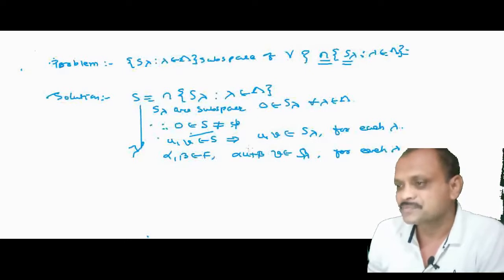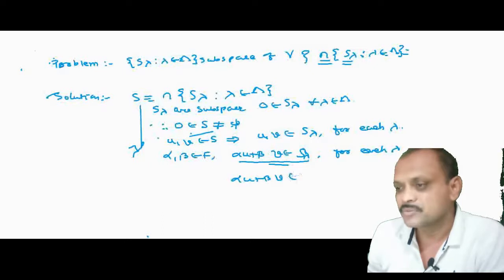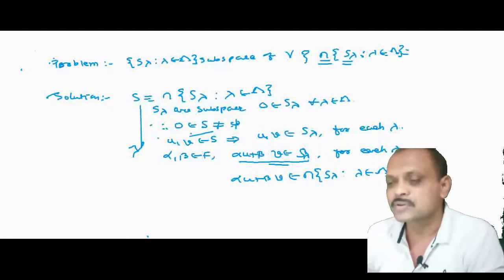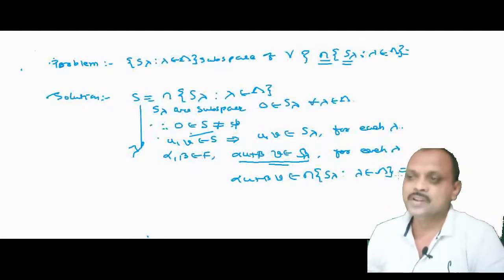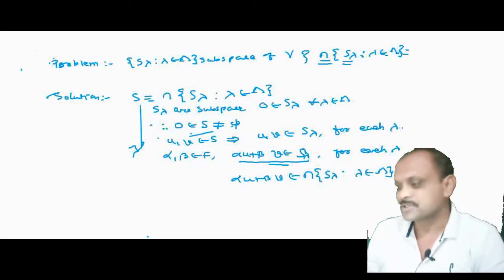It belongs to every S lambda, therefore it belongs to the intersection. This shows that alpha u plus beta v belongs to the intersection of S lambda for lambda belonging to capital Lambda, and this is nothing but S, and therefore the intersection of subspaces is also a subspace.